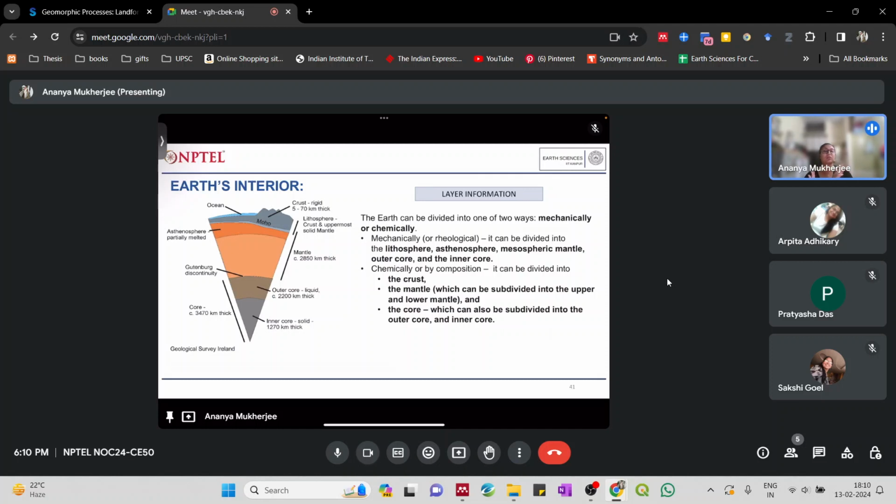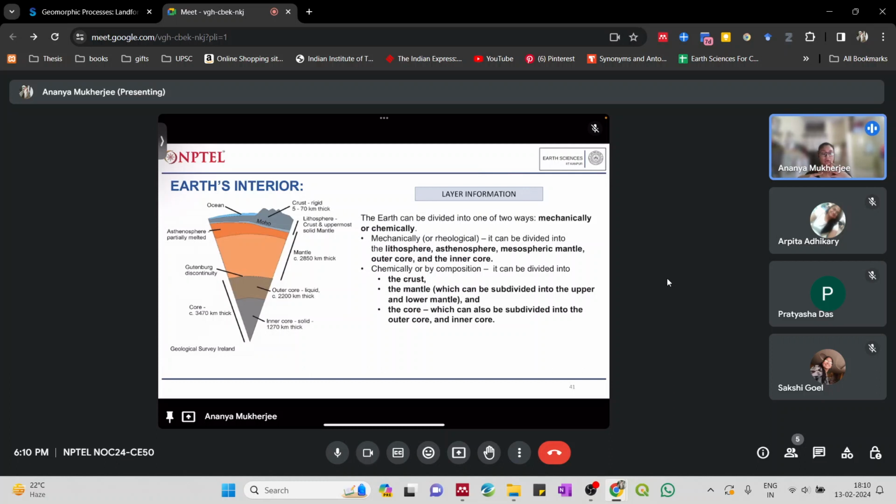Mechanical means what are the physical parameters of each of the layers, and they differ from each other, and that is why you can give the layer information nicely for that. And the other one, chemically, means the changes in the composition. So one particular layer has a different composition compared to the layer below it.